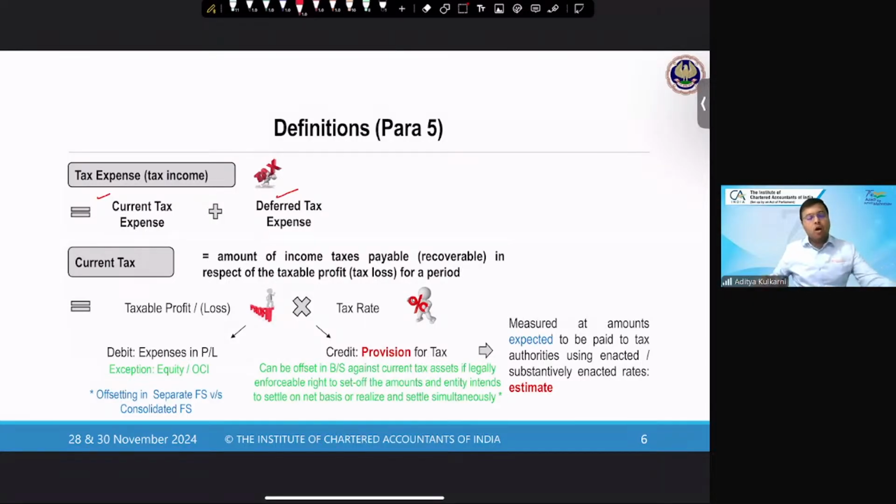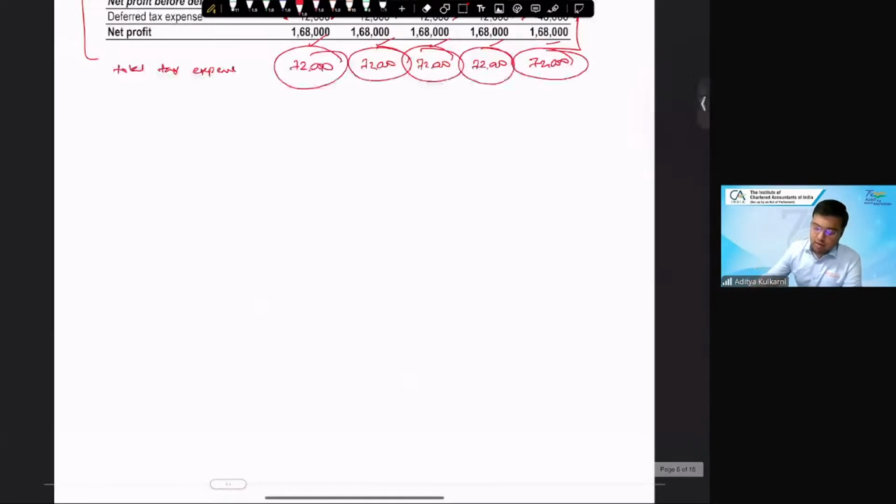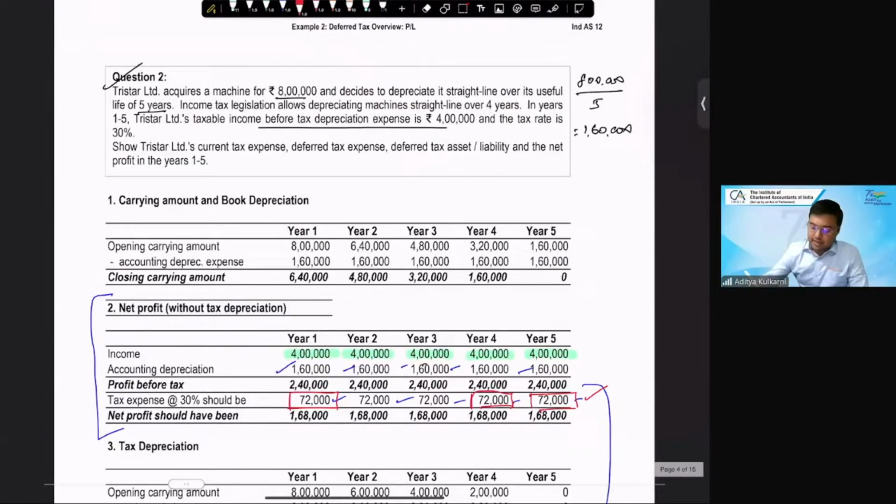Now, what is the meaning of current tax? It is the amount of income taxes payable or recoverable in respect of taxable profit or tax loss for a period. In both these examples that we saw, how did I calculate the current tax? As per the tax laws.